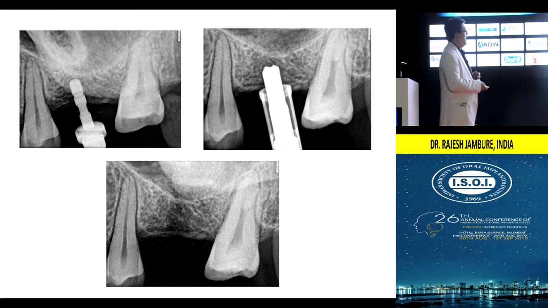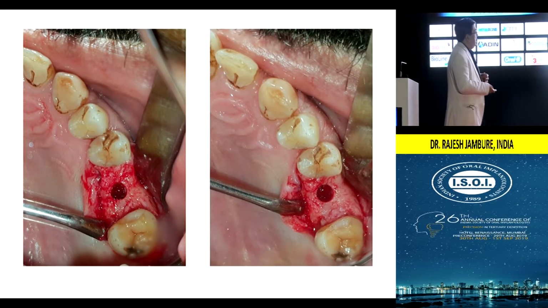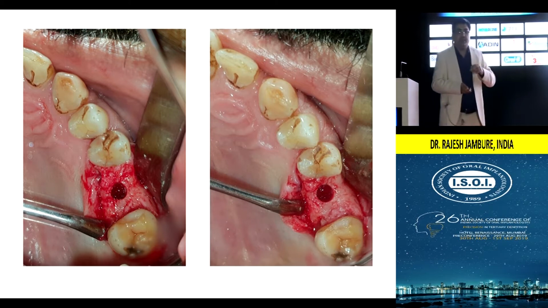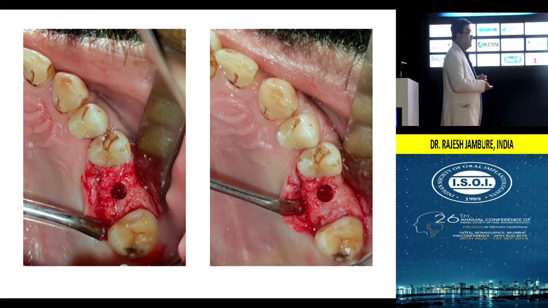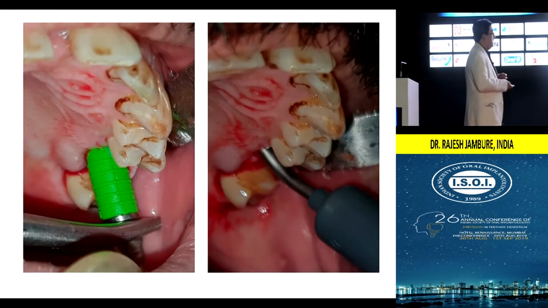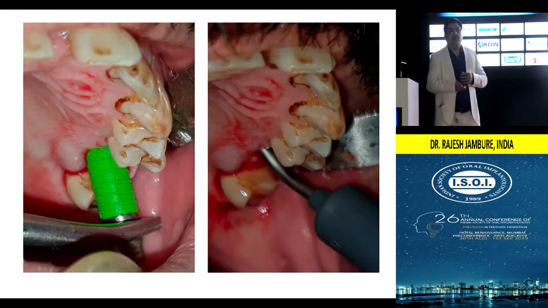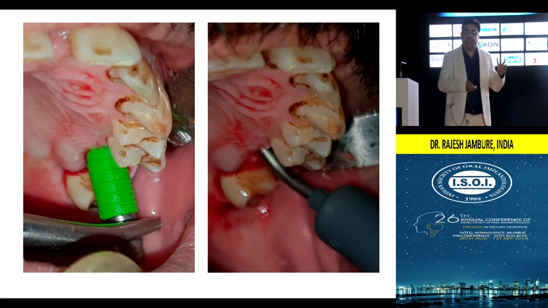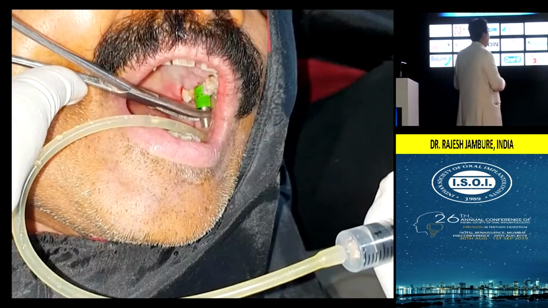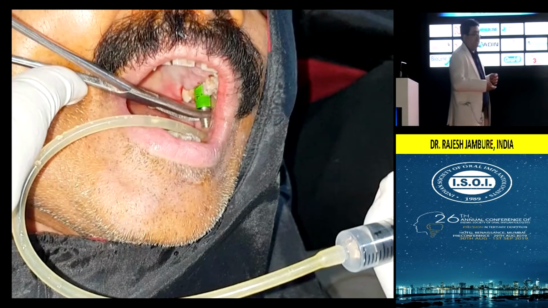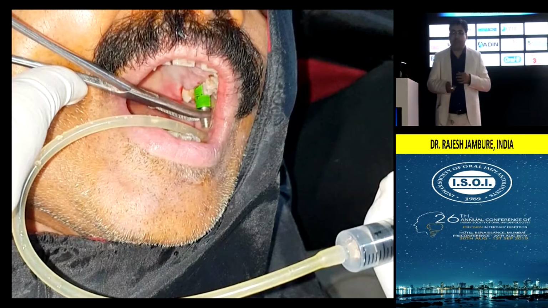This is again with the help of the kit, and we prepare the osteotomy, and with the same approach we lift the sinus as well as place the implant. In this case, I used the hydraulic lifters which are there in the kit, and then grafting is done, which is again a gel type of bone which we have used here. Now let's see how the hydraulic lifting is done with the help of this kit.